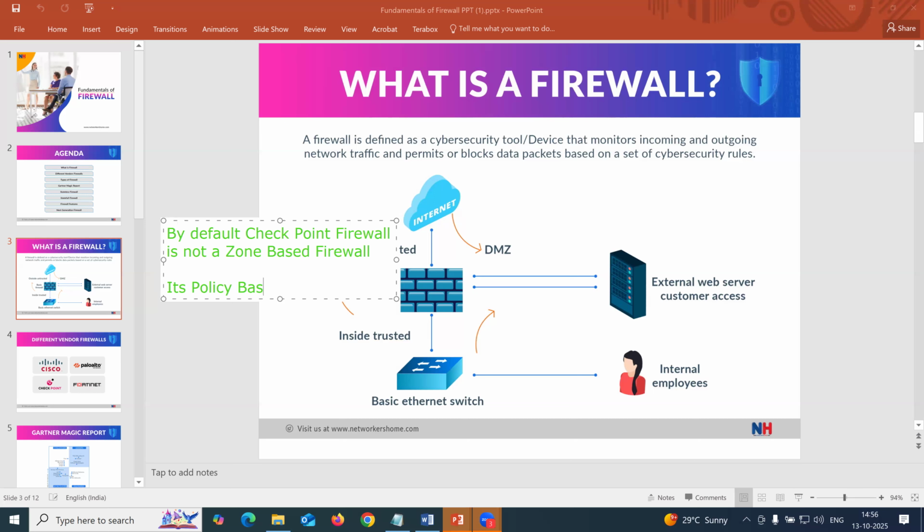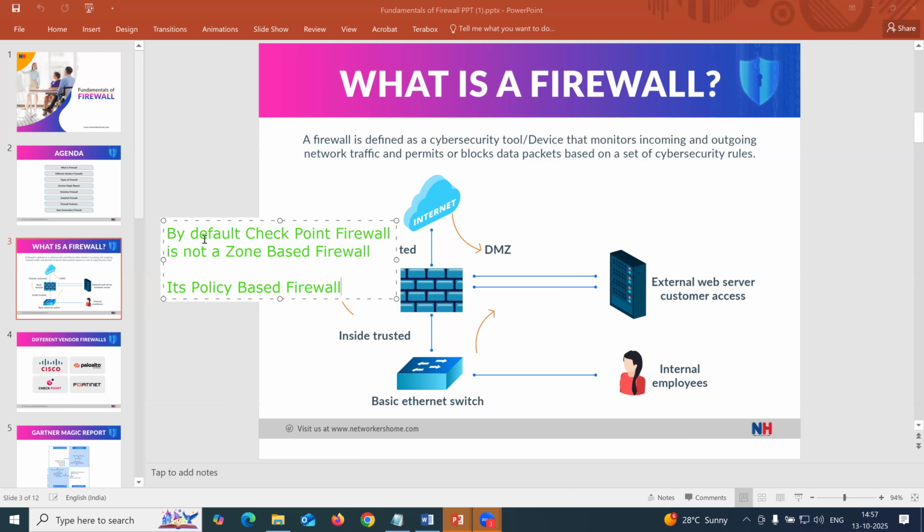It's a policy-based firewall. Policy-based firewall means what? We write a rule and you get access. That rule can be based on IP address, subnet, user, anything. It does not do traffic control based on the zone by default.